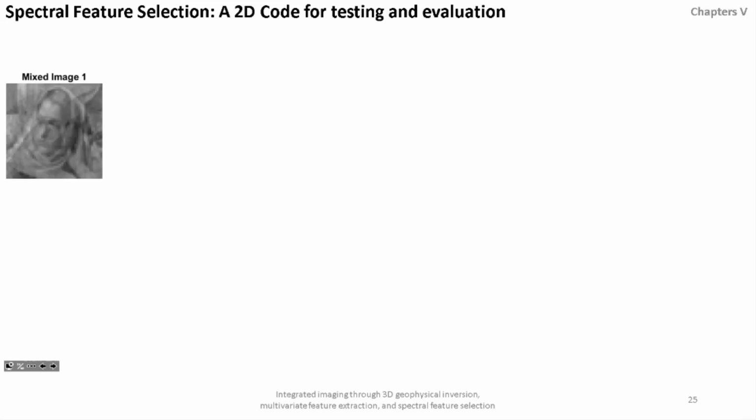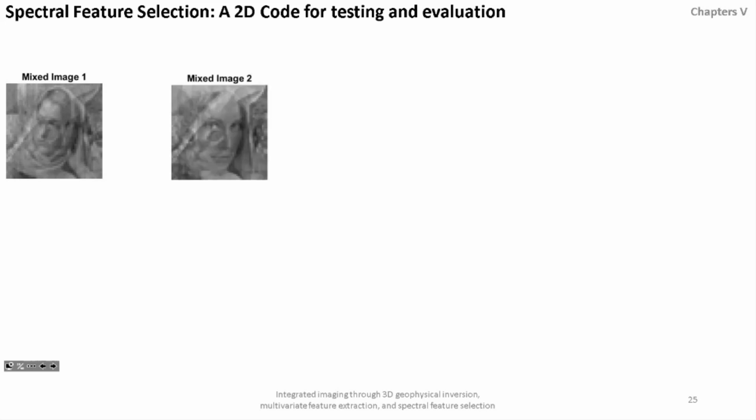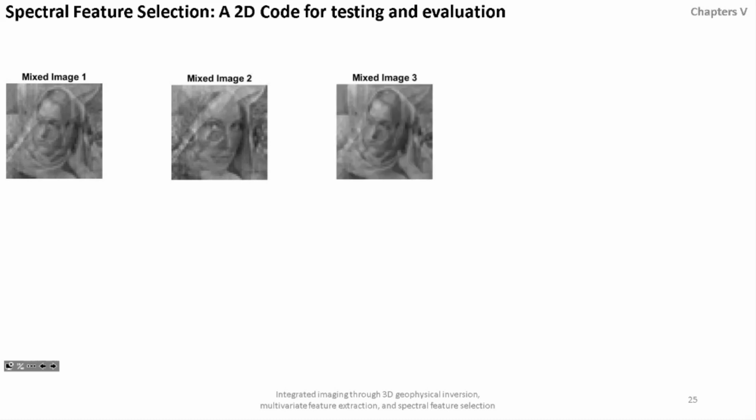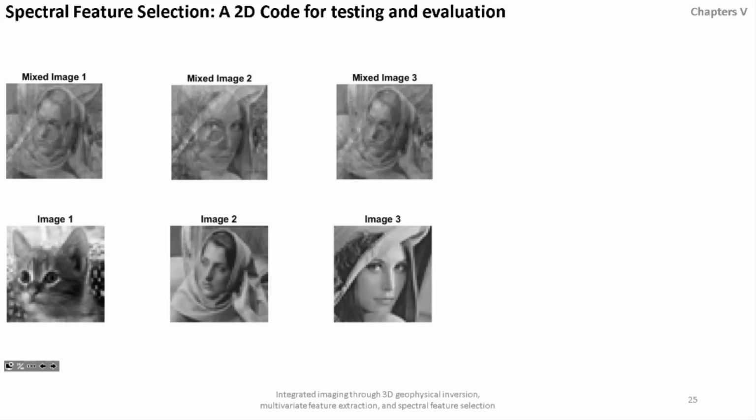The spectral feature selection process is simulated in 2D for feature extraction and feature selection procedures. The input of the feature selection consists of 3 standard images that contain mixed forms of latent features, 2 human faces and 1 cat face. These are standard images that are used in numerous image processing articles and book chapters in the last 2 decades.